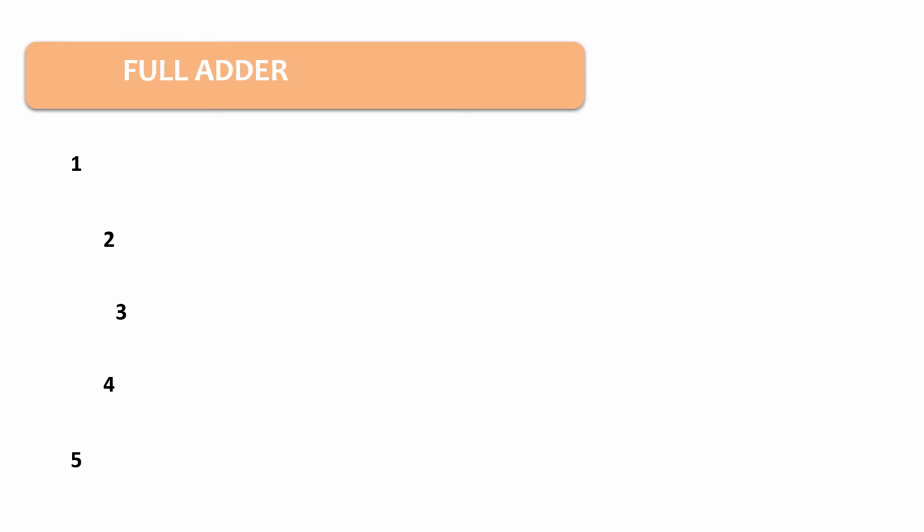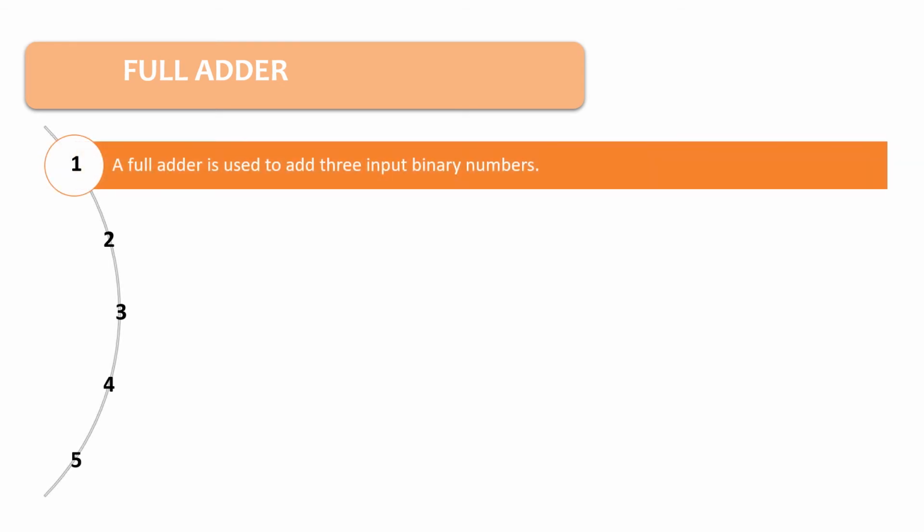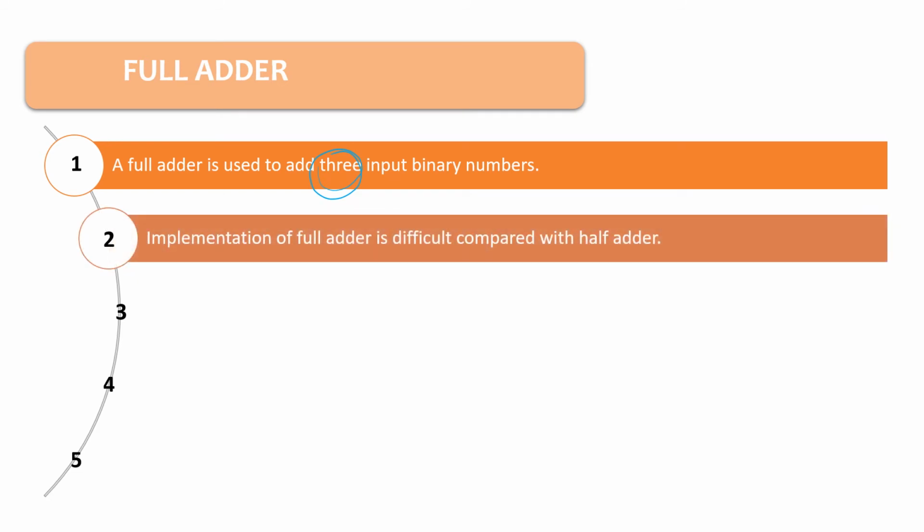Let's start with the first point. A full adder is used to add 3 input binary numbers. Yes, we know that a full adder works with 3 input numbers. Then the second point: implementation of a full adder is difficult compared with a half adder.